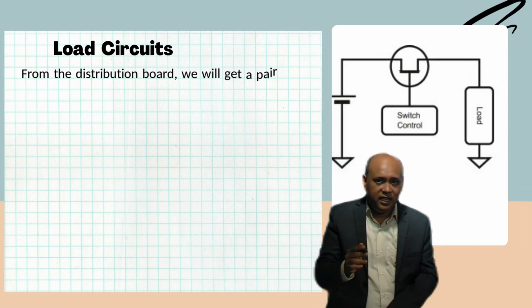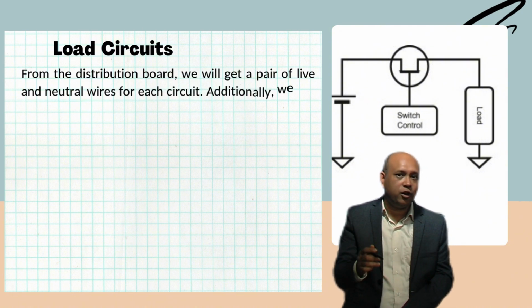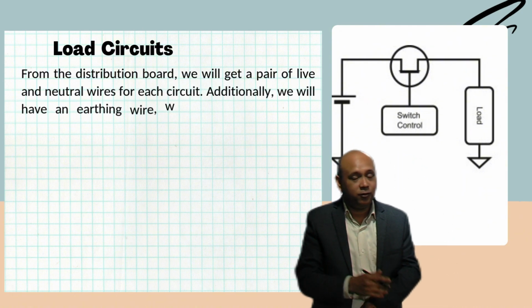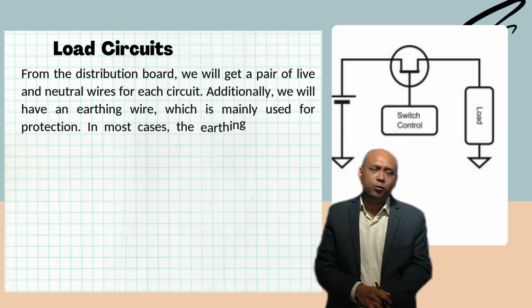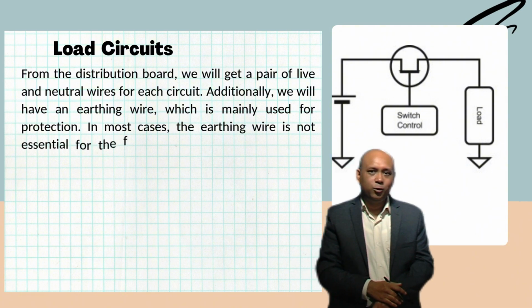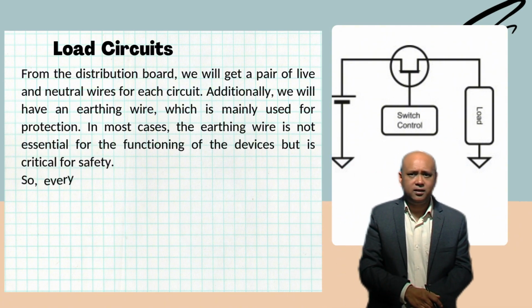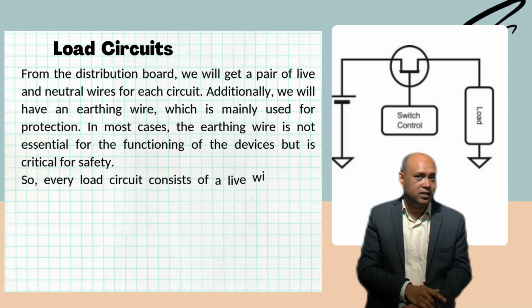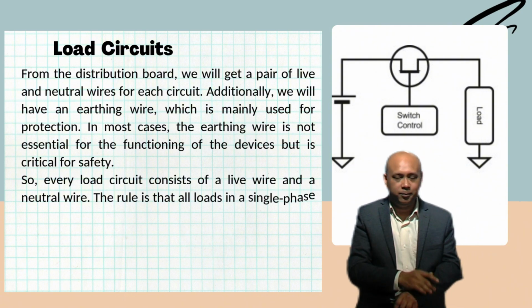So what we have seen is that from the distribution board, we will get a pair of live and neutral wires for each circuit. Additionally, we also get an earthing wire which is normally used for protection. In most cases, the earthing wire is not essential for functioning of the device, but it is very critical for safety.